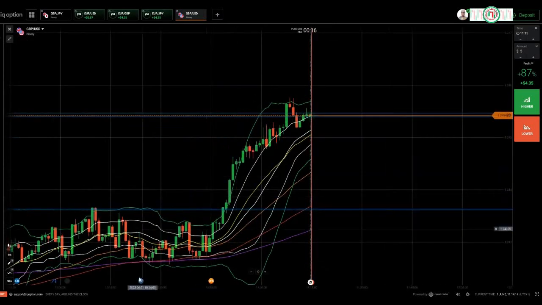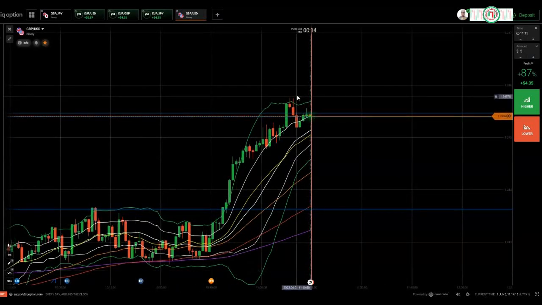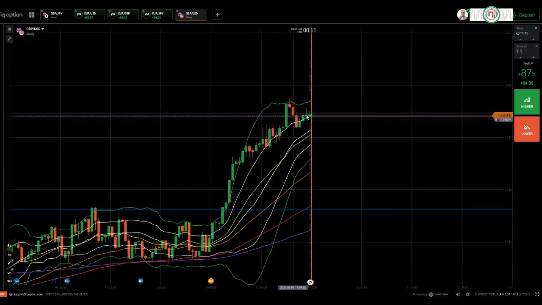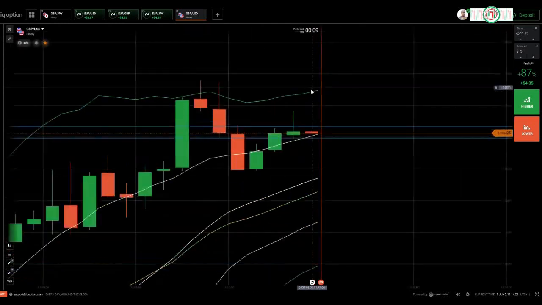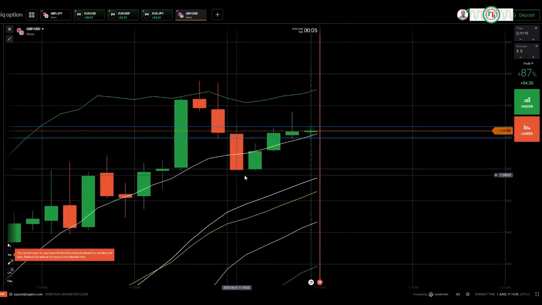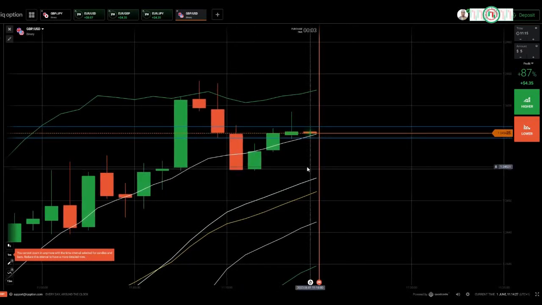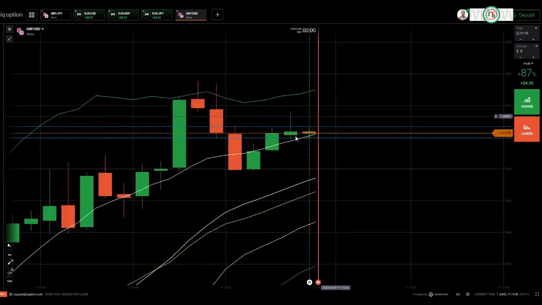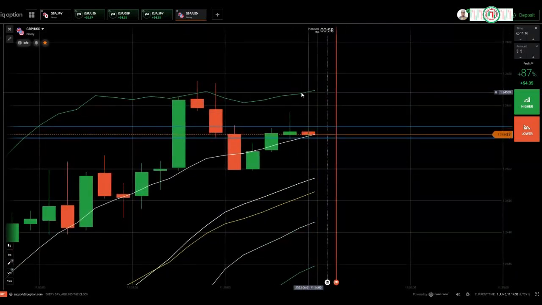So here you see this is after a prolonged trend. The trend is very strong, but we are far away from 2 deviation.